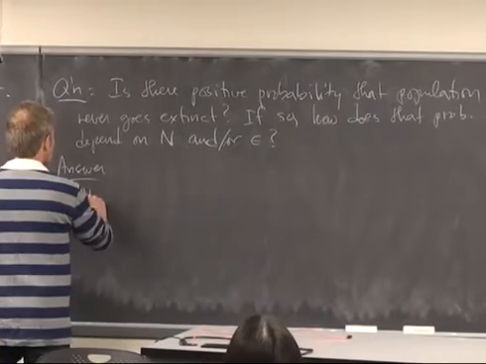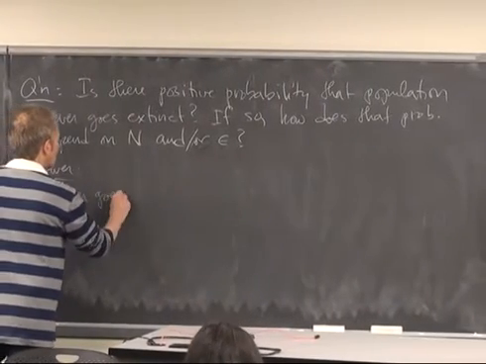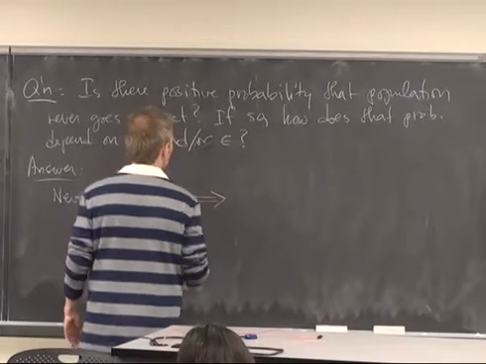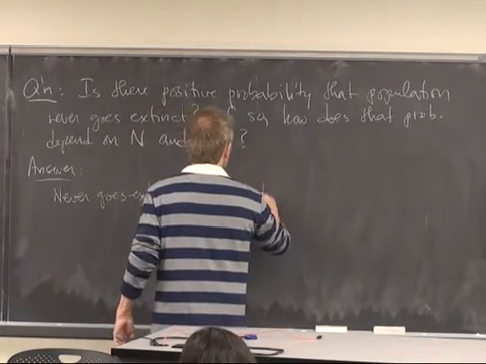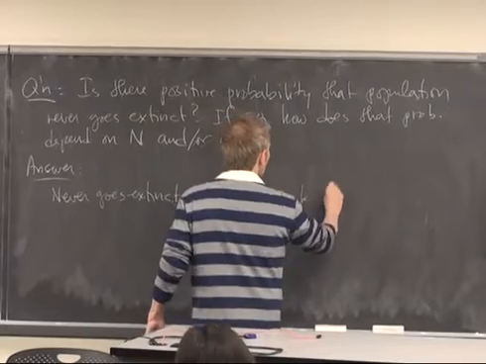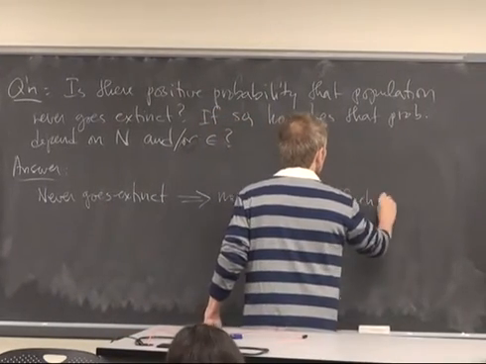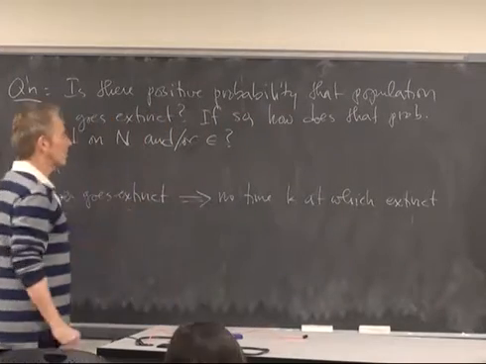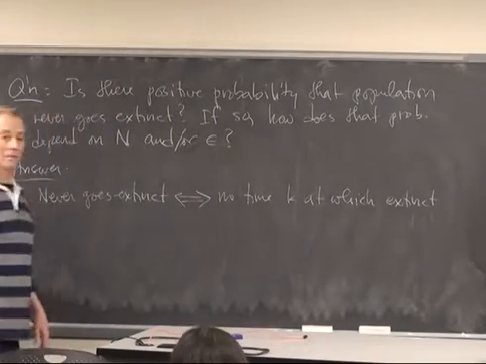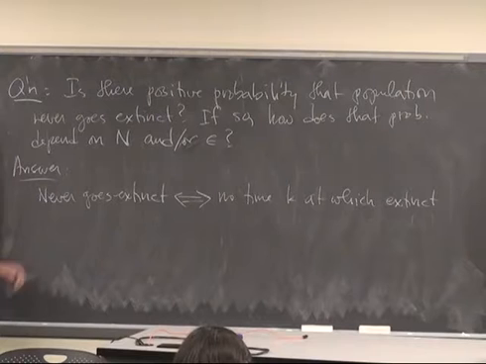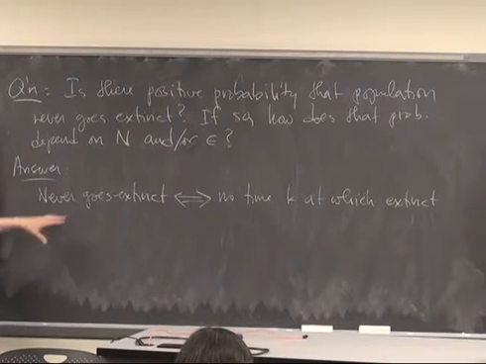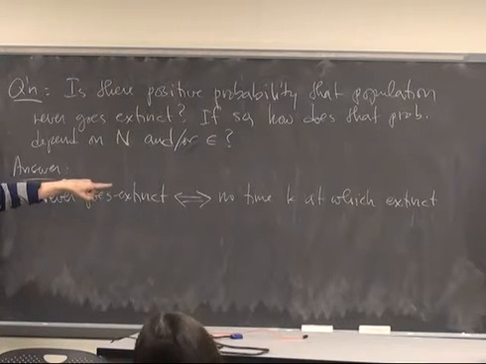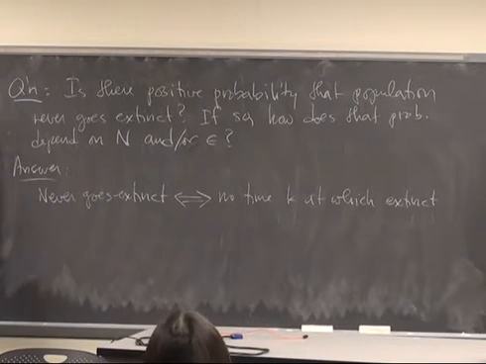So never goes extinct implies that there is no time k at which it goes extinct. That's really an if and only if. So that's the way we're going to look at that. There's no time k at which the population becomes extinct.